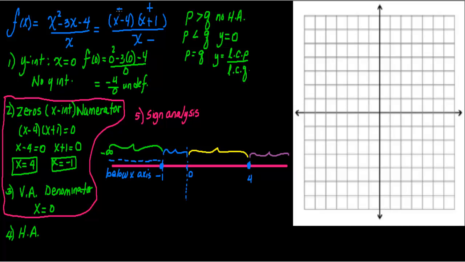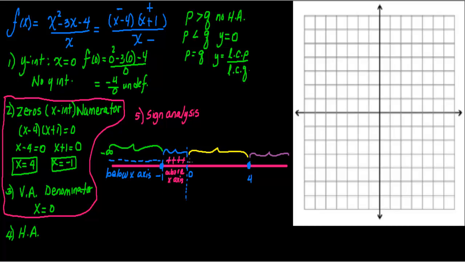So now I do negative times positive, negative, and negative over negative, positive. So in this region here, let me change colors. In this region here, the graph will be positive, which means that it will be above the x-axis.